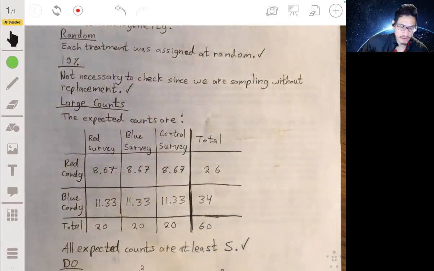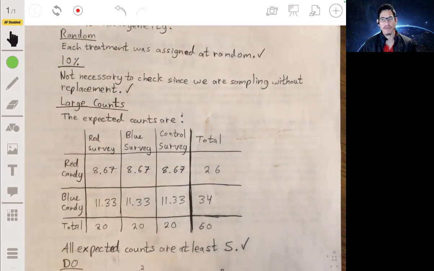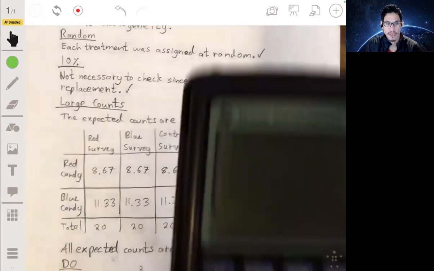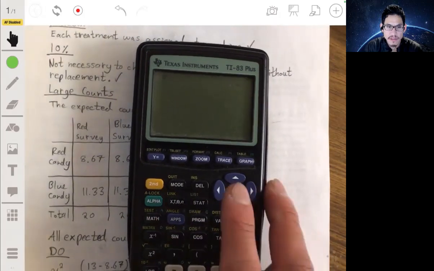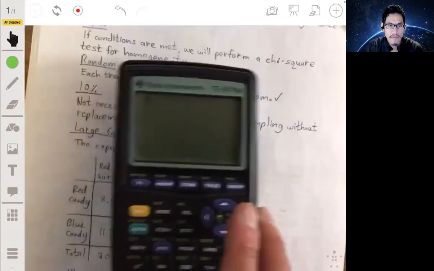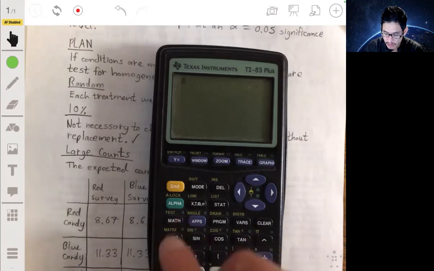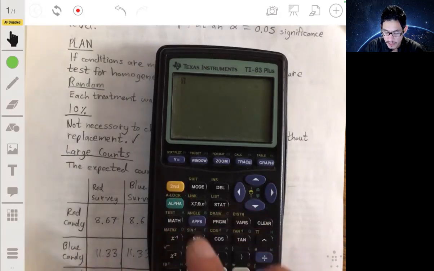Now, I'm going to show you a very useful way to calculate this quickly in your calculator. So pay attention, so you don't have to worry about doing this tedious calculation by hand. What you can do is go to matrix on the left here.